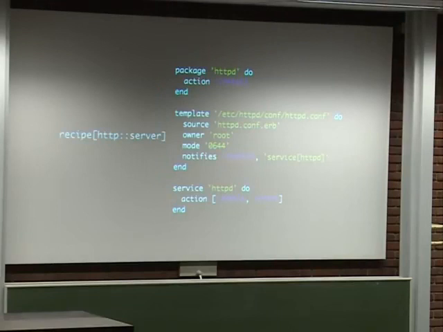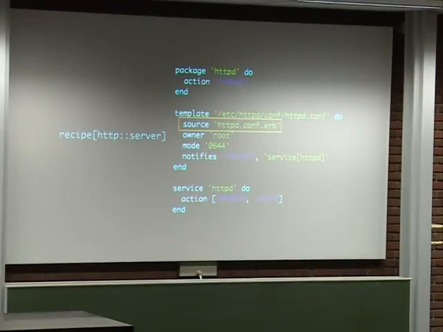So I make my recipe, I compose it with 3 resource statements, and then within Chef I can refer to it like this. Right? So I'm saying I want the recipe in the HTTP cookbook named server. It's kind of like a Chefism. Pretty easy. I'm referring to the source then in my template. So I'm saying, autonomous agent, I want you to write this file, but I want you to use this template source.